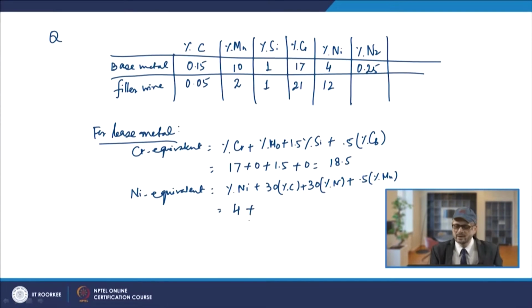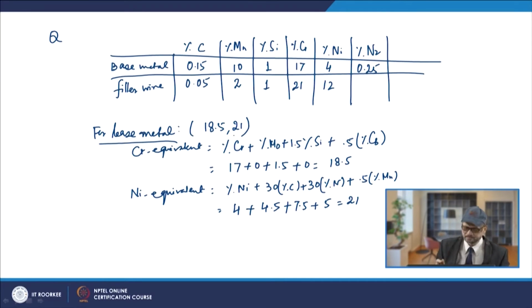Carbon is 0.15, so 30 times 0.15 is 4.5. Then 30 times nitrogen, which is 0.25, gives 7.5. Then 0.5 times manganese, which is 10%, gives 5. So, it comes to 21. For the base metal, you get the point on the DeLong diagram at 18.5 and 21.